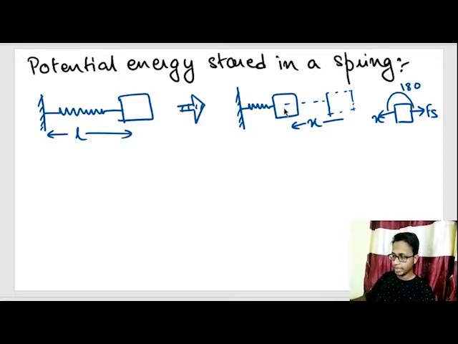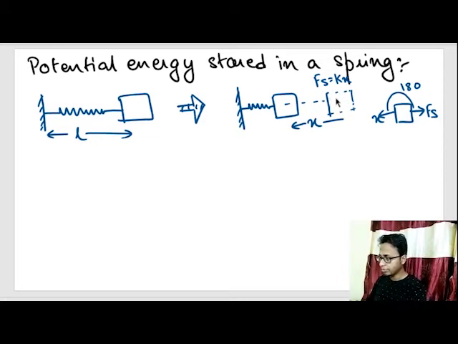Okay. But now see, what is the spring force given by? Spring force is given by kx, where x is the compression of the spring. We learned this in Newton's laws of motion. Now try to see the problem out here. As this block moves a little bit, suppose 1 centimeter towards left, what happens?